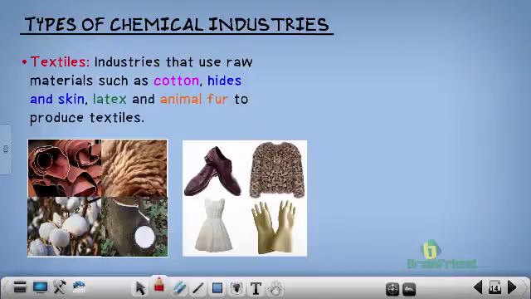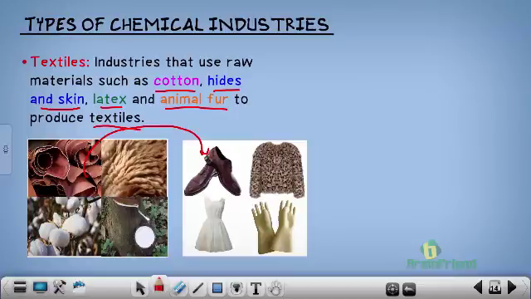Textile industries. This industry makes use of raw materials such as cotton, hides and skin, latex, and animal fur to produce textiles. For example, we can see in our image, we have these raw materials and we have some finished products. Hides and skin here can be used to produce a leather shoe.